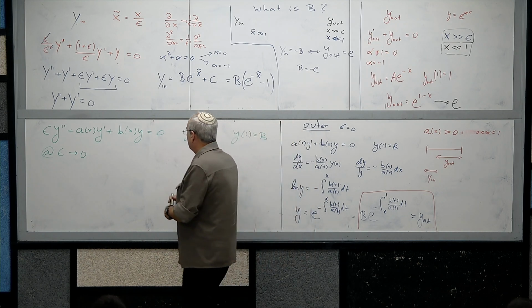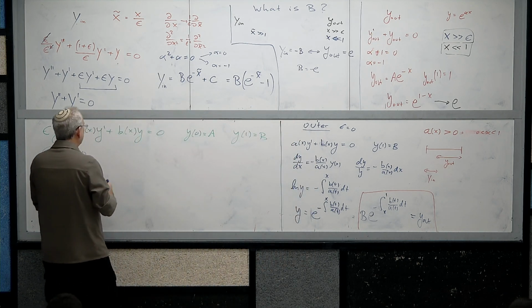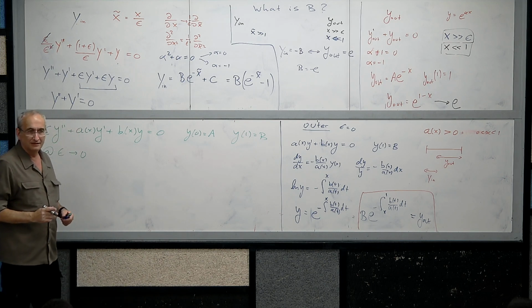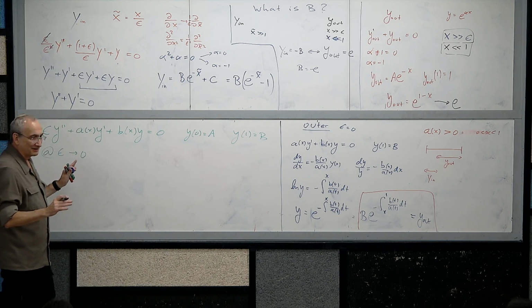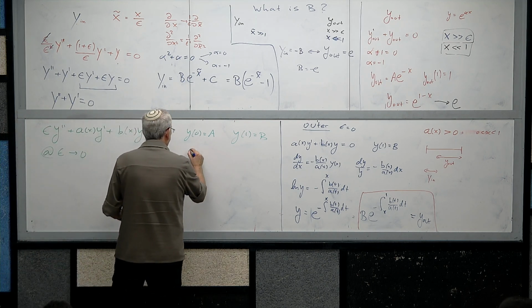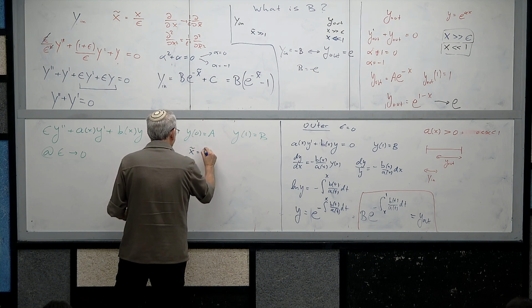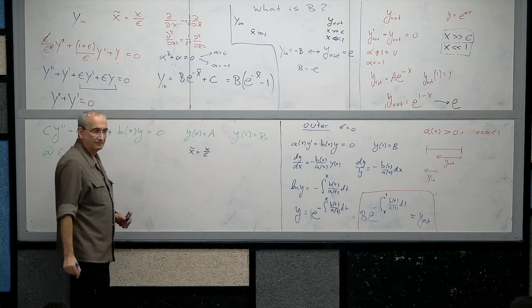Now, what happens in the inner regime? We are using our old trick. We define x tilde to be x over epsilon.